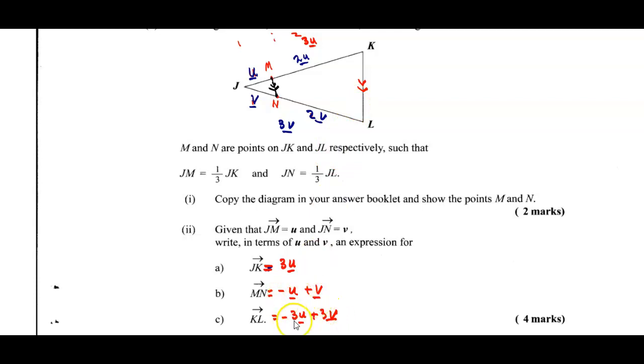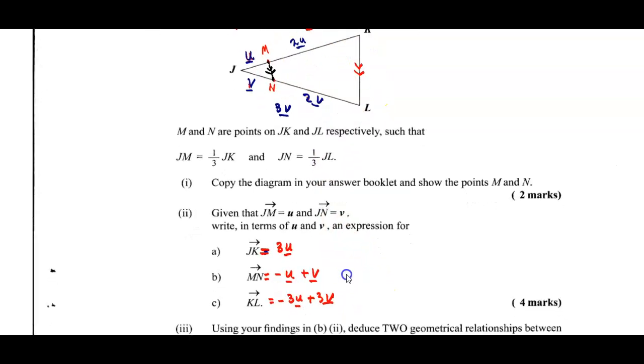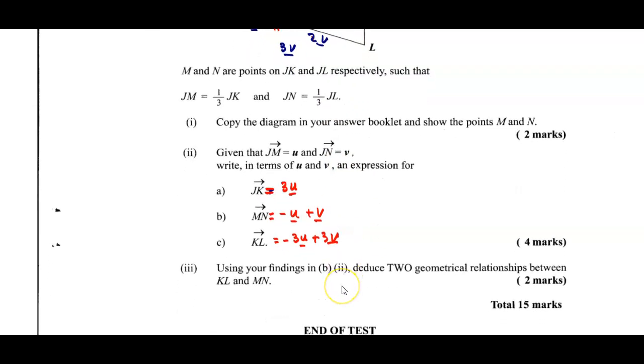So from this we can see that MN is parallel to KL. So that's the first geometrical relationship we have spotted. Let's write that down. So the first one is MN is parallel to KL.